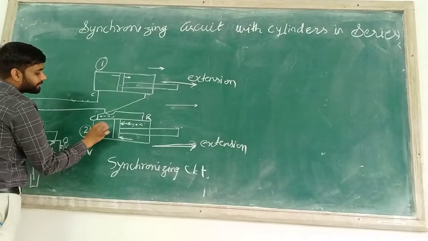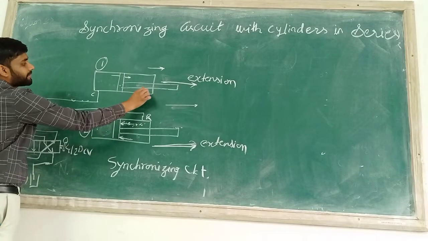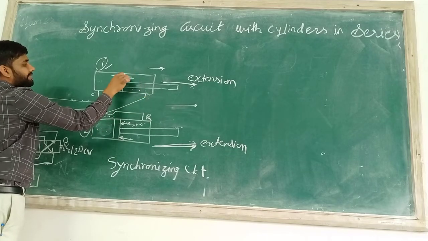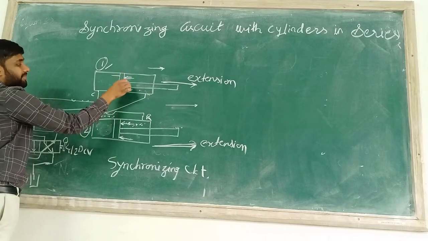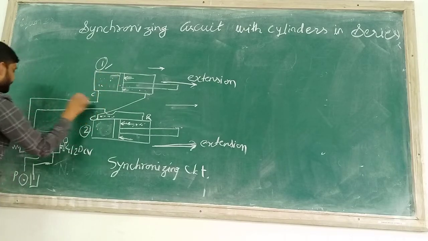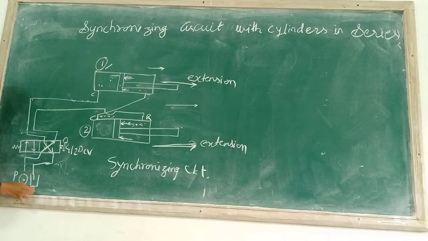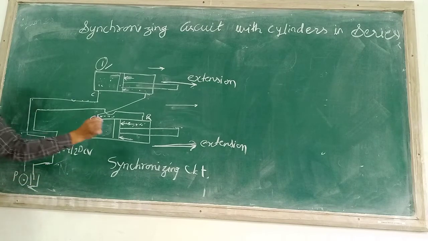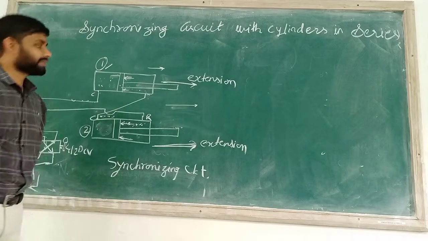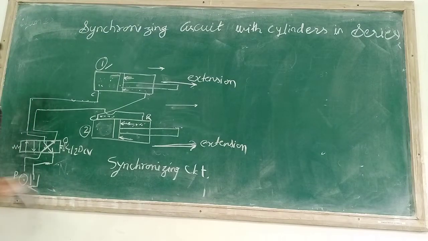Because of this, the liquid in that region tries to move into that cylinder through this port, and it again tries to push the piston in the inward direction. Because of this, the oil in that region moves out to the reservoir here. And retraction of both the cylinders occurs at the same time.